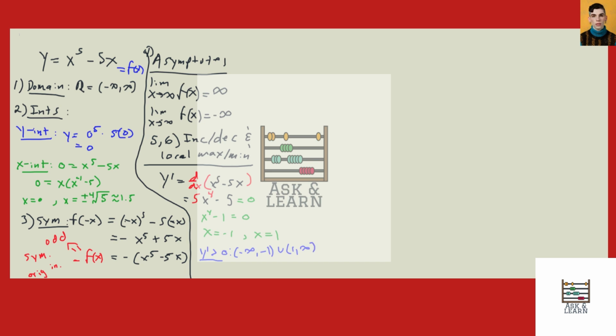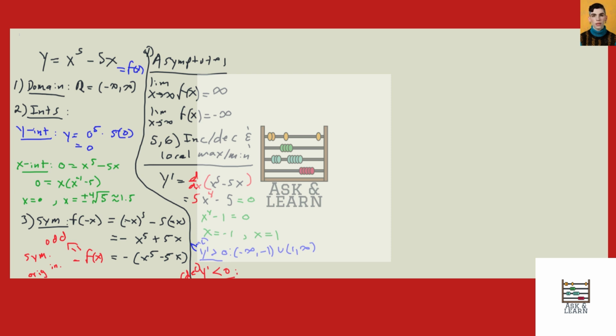So remember, this here tells us it is increasing. Next, we want to find where the function is decreasing, which would be when y prime is strictly less than 0. So this is decreasing.